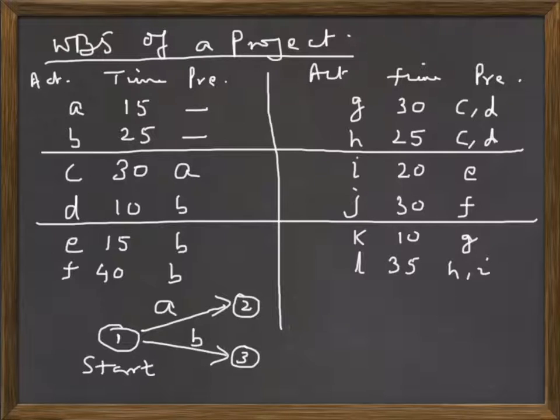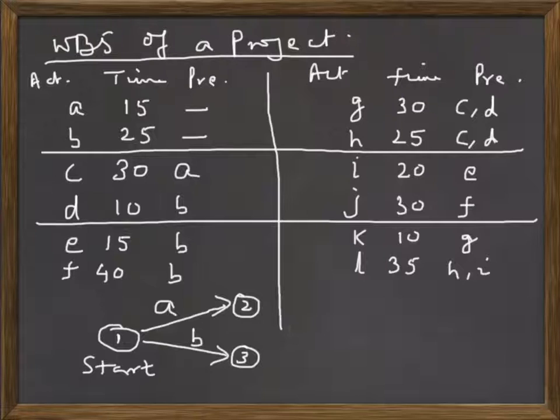These numbers are again just for identification purposes. You should not have more than one node with the same identification. That will cause confusion. So that's why you give numbers 1, 2, 3, 4. You can follow whatever order you feel like, but only take care that more than one node is not represented by the same number.